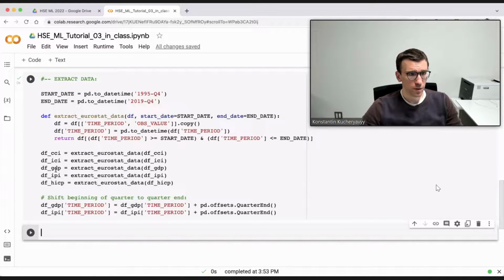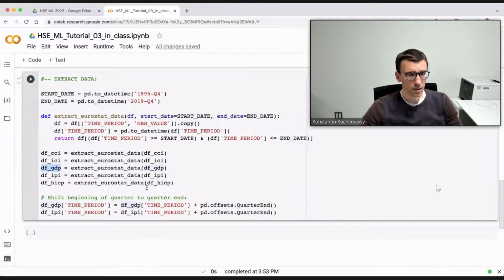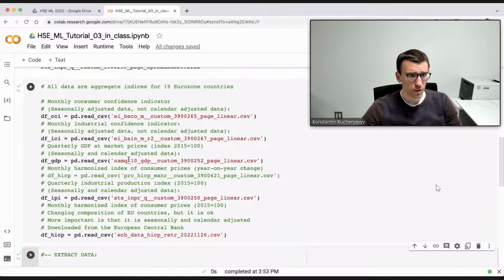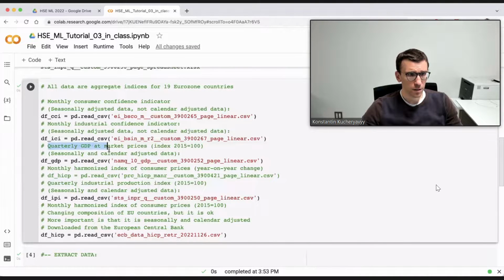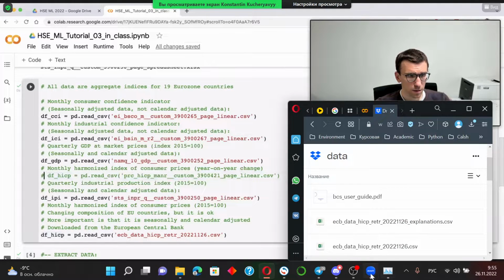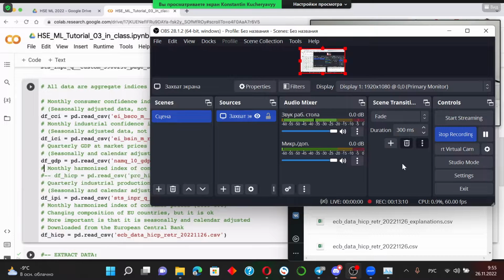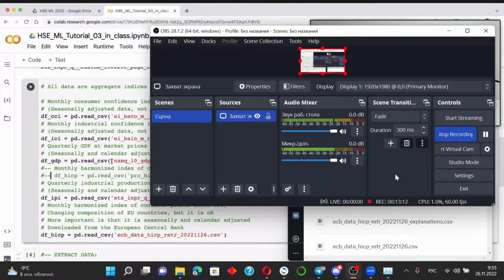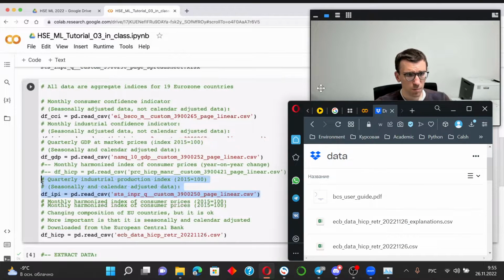For example, GDP data is quarterly. GDP and the industrial production index are quarterly. The rest are monthly.